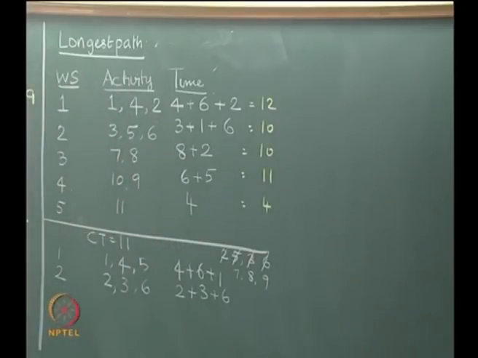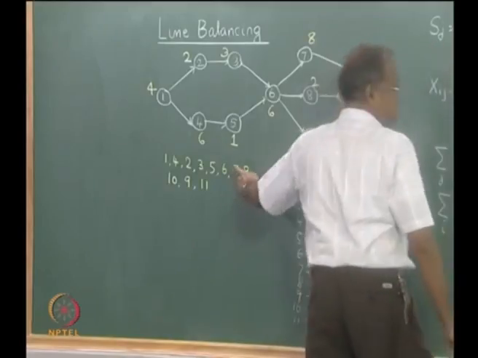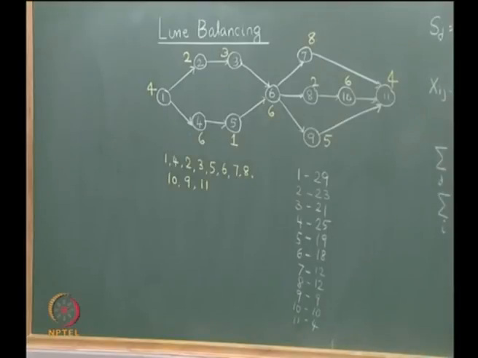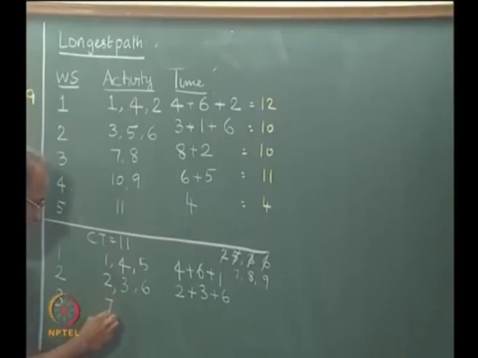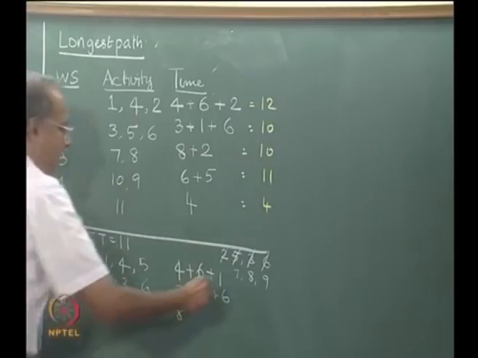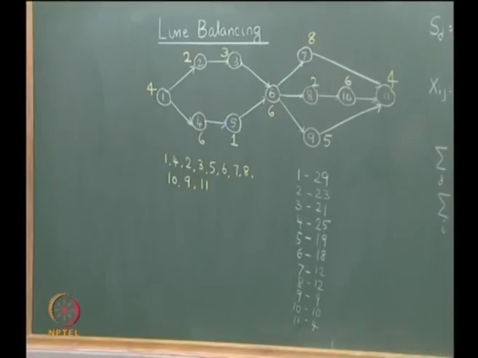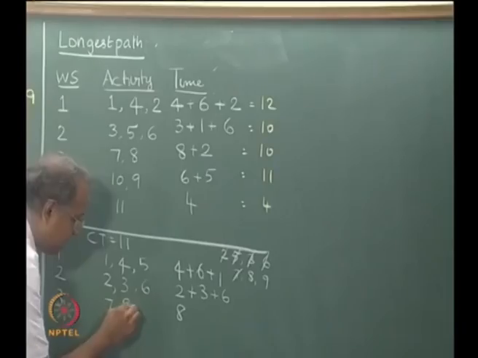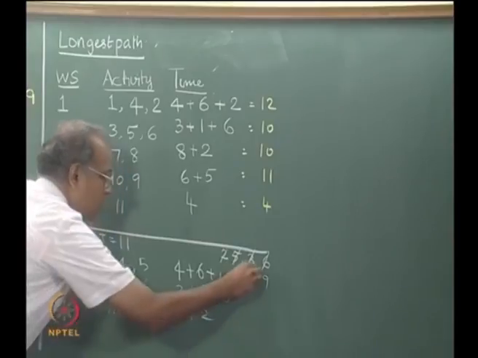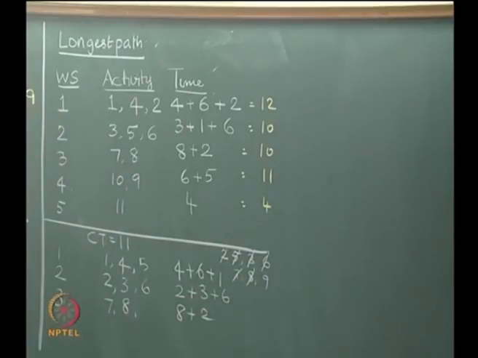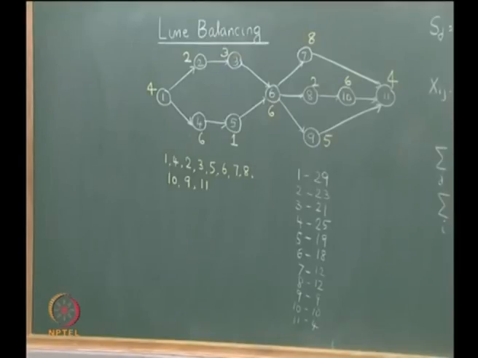Out of these, 7 comes first with time equal to 8. So third workstation, 7 comes first with time equal to 8. 7 goes. Then we have 8 and 9. 8 comes next, plus 2, so 8 goes. Then 10 comes in.